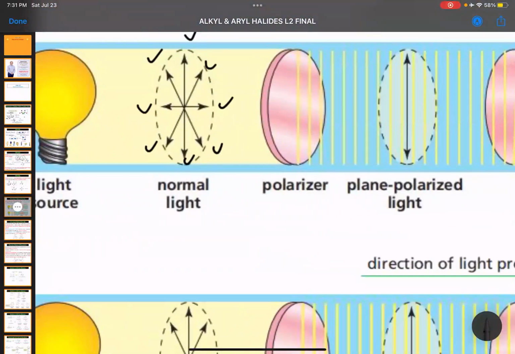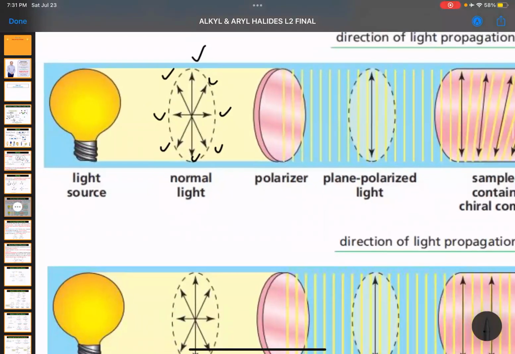Non-polarized light. Okay, and there is a polarizer filter, which is part of the polarimeter itself. You don't have to bring the polarizer filter externally. The normal light is passed through that polarizer filter, which has crystals aligned in a specific manner. It is just like a slit, and it will let only light having one plane of polarization pass through it.